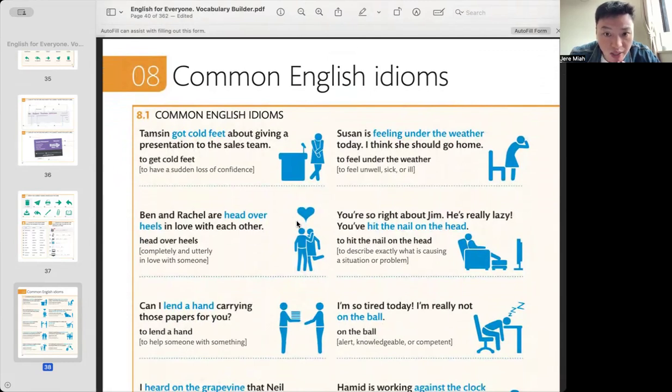So to feel under the weather, to feel unwell, sick, right? Exactly. To feel under the weather means to feel unwell or sick. Okay, so I'm gonna use feeling under the weather to make an example.